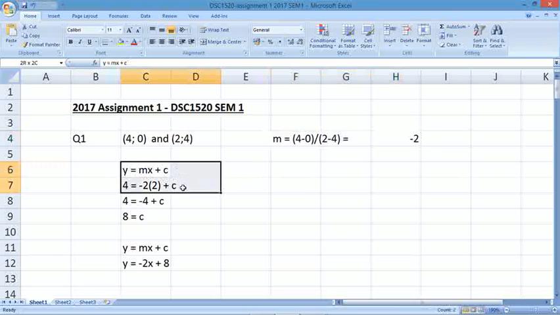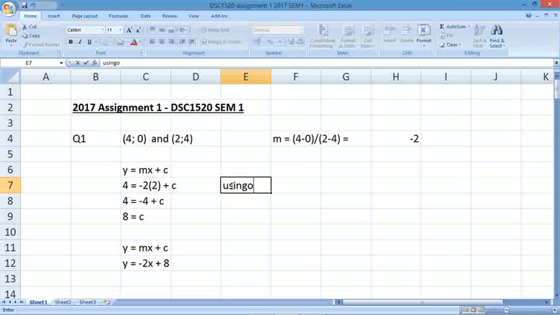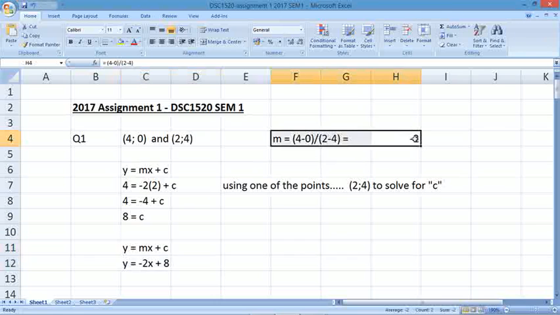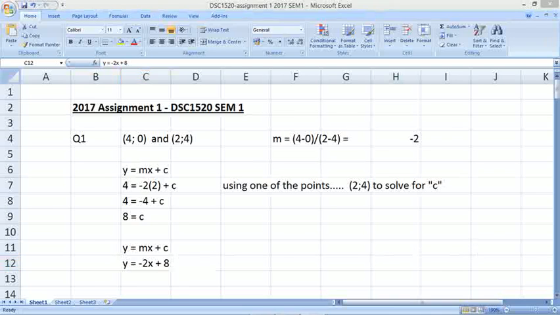If I then substitute minus 2 in y equals mx plus c using one of the points, the point that I used here was 2 and 4, to solve for variable c. And that's how you would calculate the c. You get 8. So the final answer is your minus 2 here, which is your m. Your c is 8, so y equals minus 2x plus 8 is the answer for question number 1.